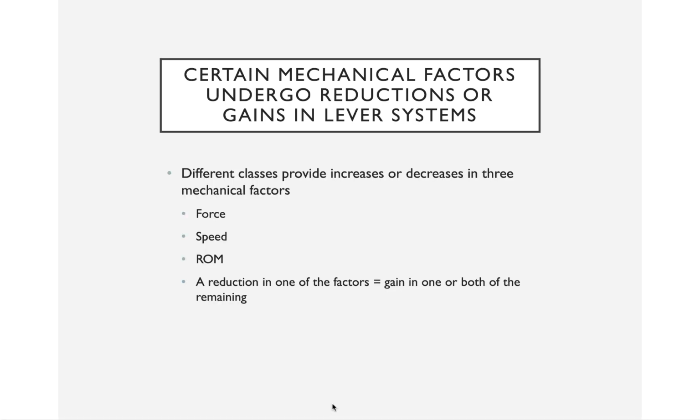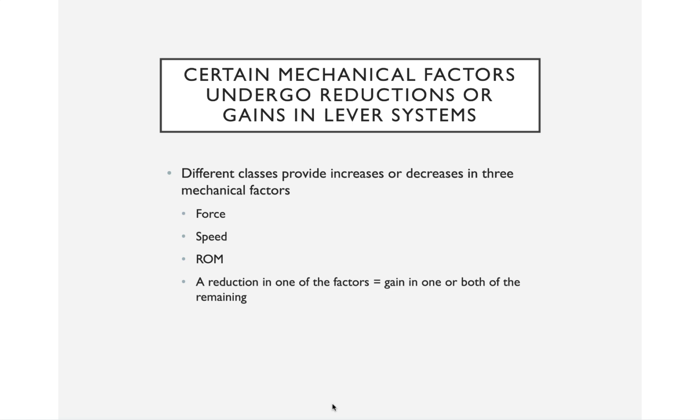And this is where we talk about mechanical factors. When we talk about levers, we have three mechanical factors, and we've talked about them already. We have force, we have speed, we have range of motion and balance. We don't really look at balance as being a mechanical factor, so we think more of range of motion there. If we reduce any one of those, we're going to get a gain in one or both of the others.